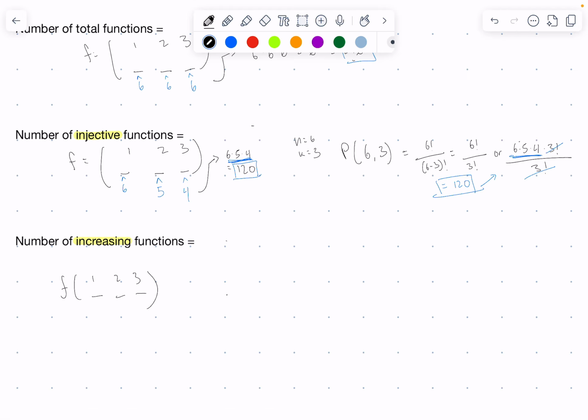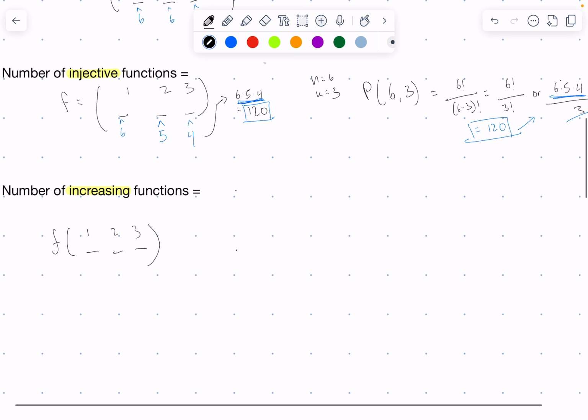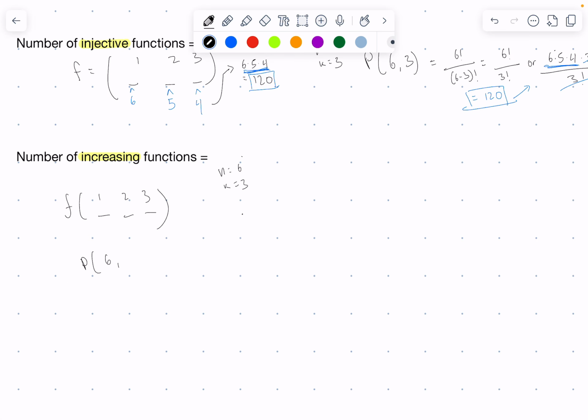From there, we can think of this as a combination with n equals 6 and k equals 3. So I'll write this as the choose of 6, 3. Recall from our equation, that means we'll have 6 factorial over 6 minus 3 factorial times 3 factorial.